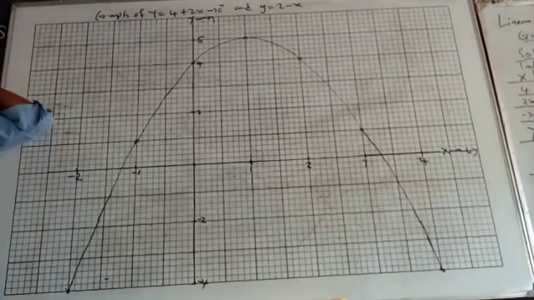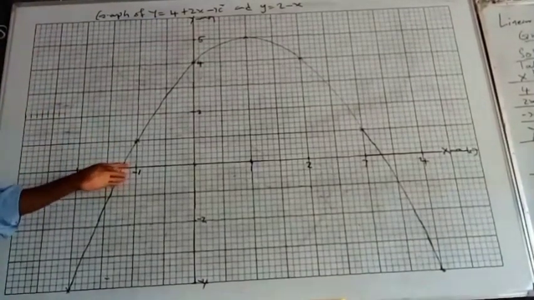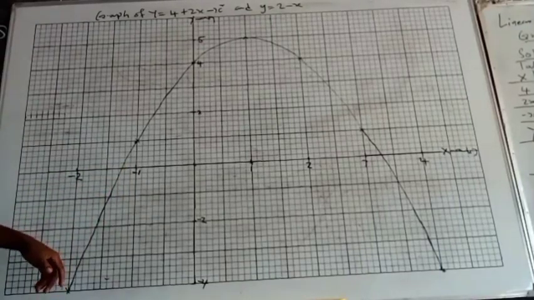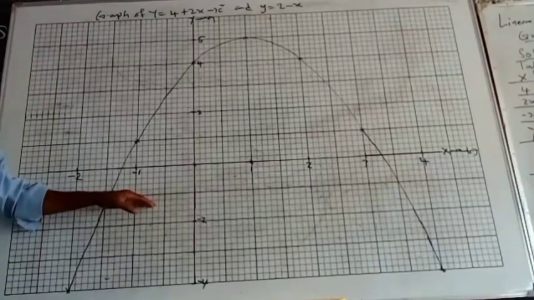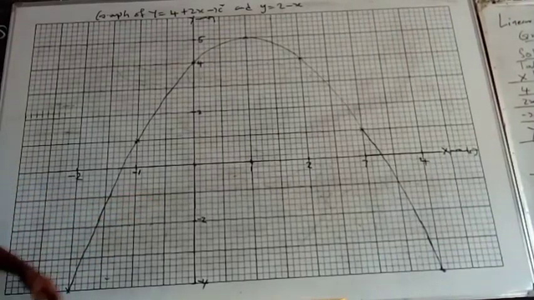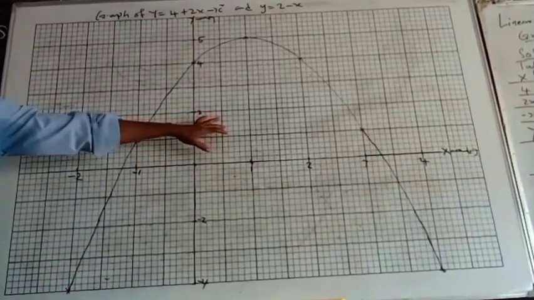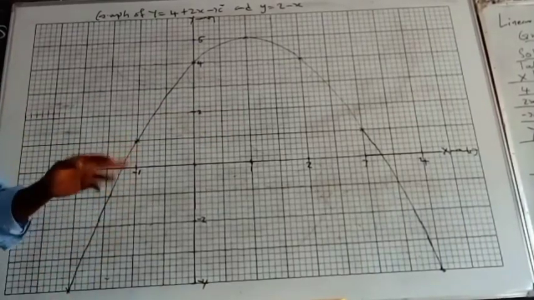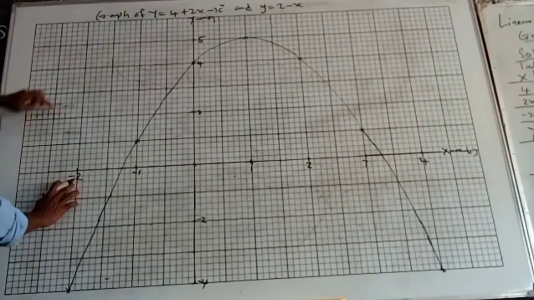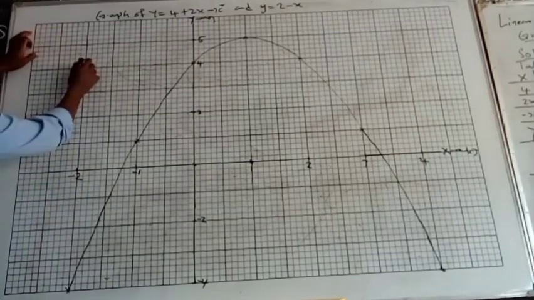Let me have your answers so that I can use them to verify mine. But before then, let's also add the linear graph. Quickly, if you have done this, join them. And then let's look at the linear one. When x is minus 2, y is 4. Minus 2 against 4 should be here.